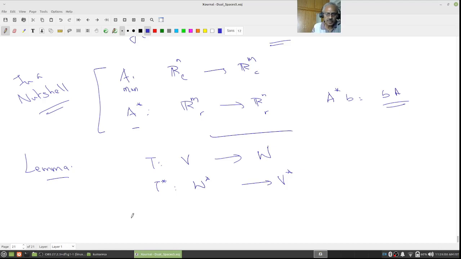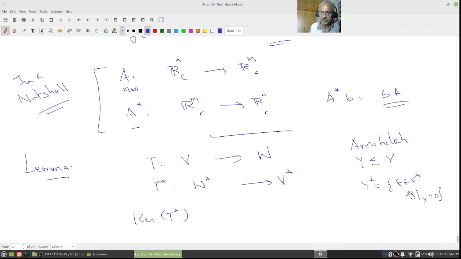What we want to do is look at the kernel of T star. Do you remember we have defined annihilators? If Y is a vector subspace of V, then Y annihilator will be the set of all f in V star such that f restricted to Y is 0.